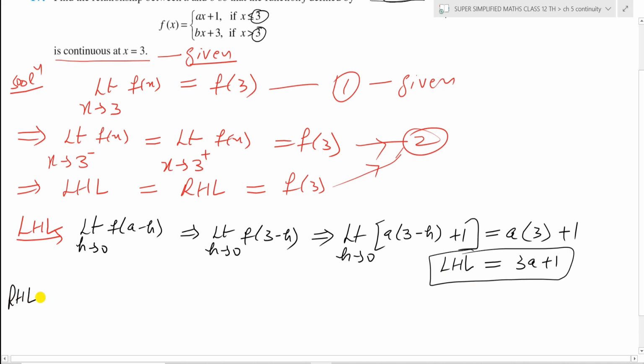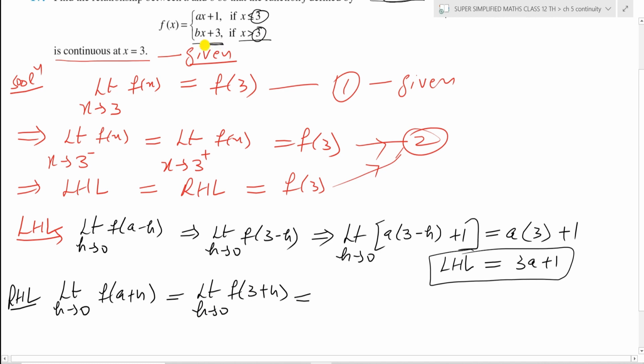For the right hand limit, limit h tends to 0 f of a plus h, which is equal to limit h tends to 0 f of 3 plus h. Now look, for the right hand limit, for x more than 3, the function is bx plus 3. You can see here in this given definition.